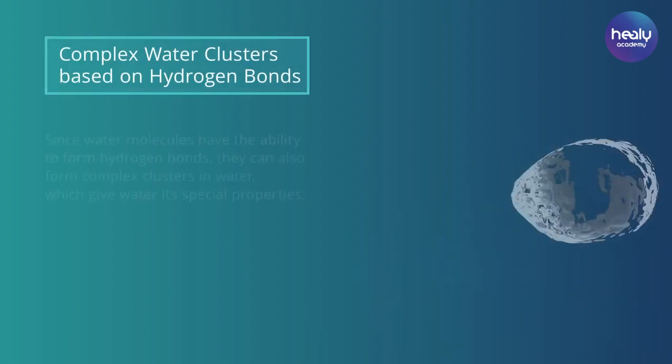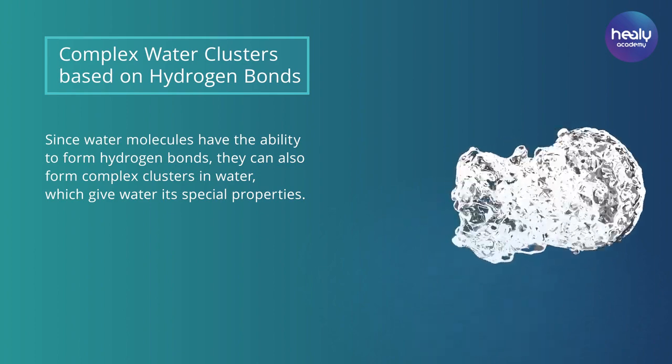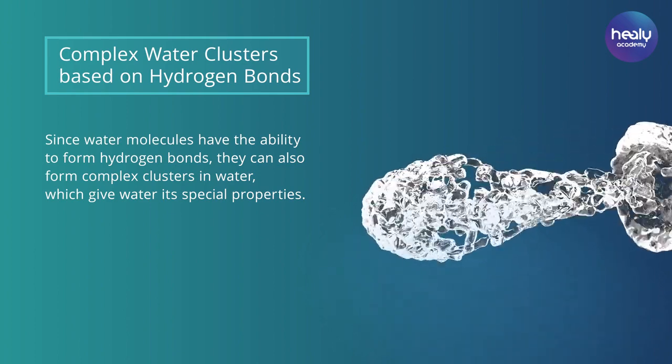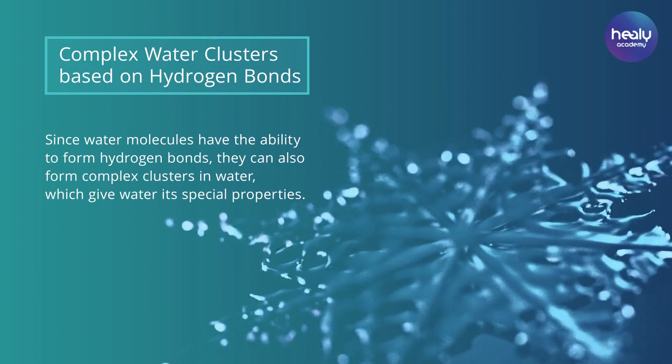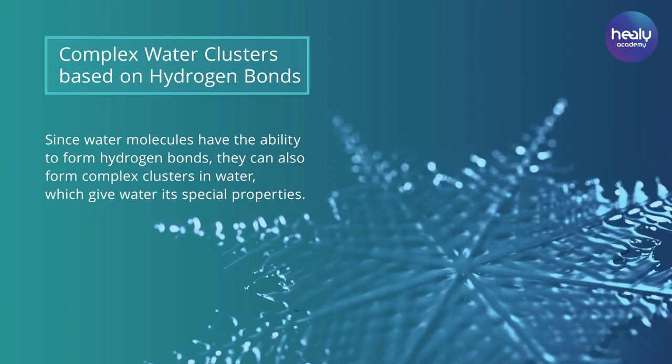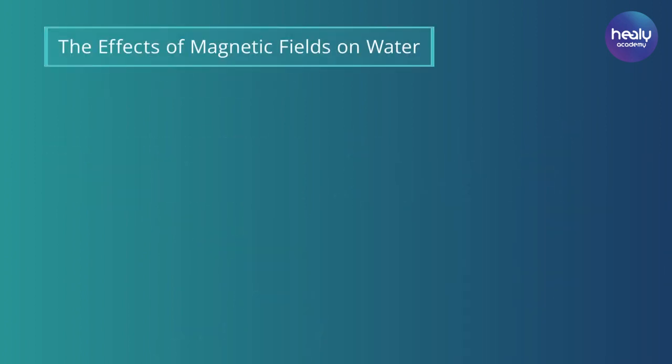Complex water clusters based on hydrogen bonds. As a result, each individual water molecule can not only connect with up to 4 other water molecules, which explains surface tension, but also form more complex clusters, such as those seen in ice crystals. The effects of magnetic fields on water.